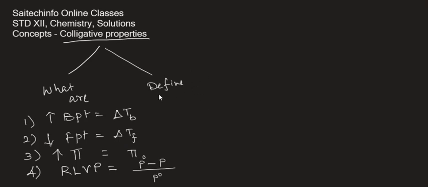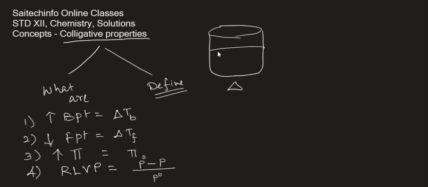Now let us see what is colligative property. Let me give an example or an explanation, and based on that we will try to define this. Let me have a glass of water or a beaker of water. This water is pure.